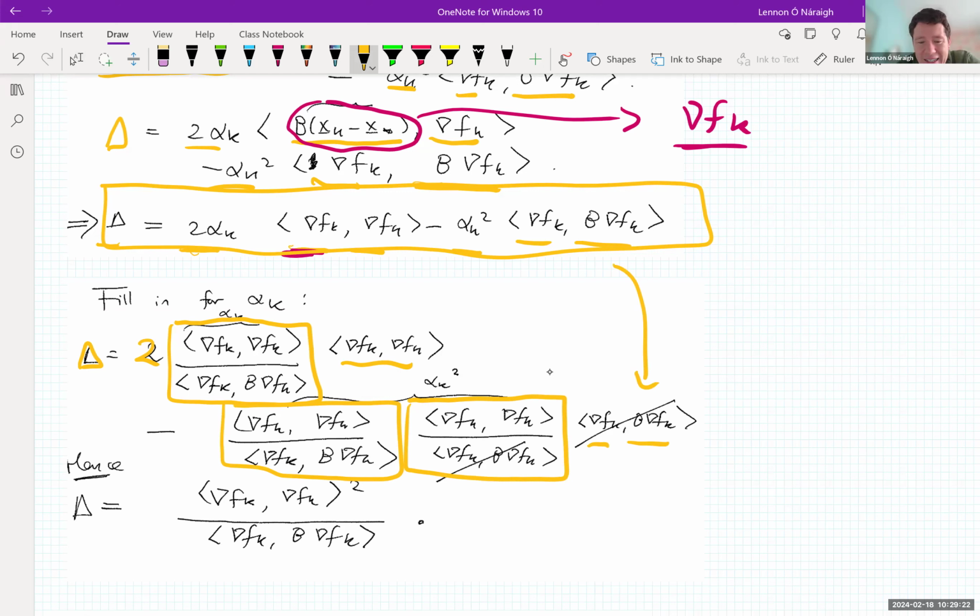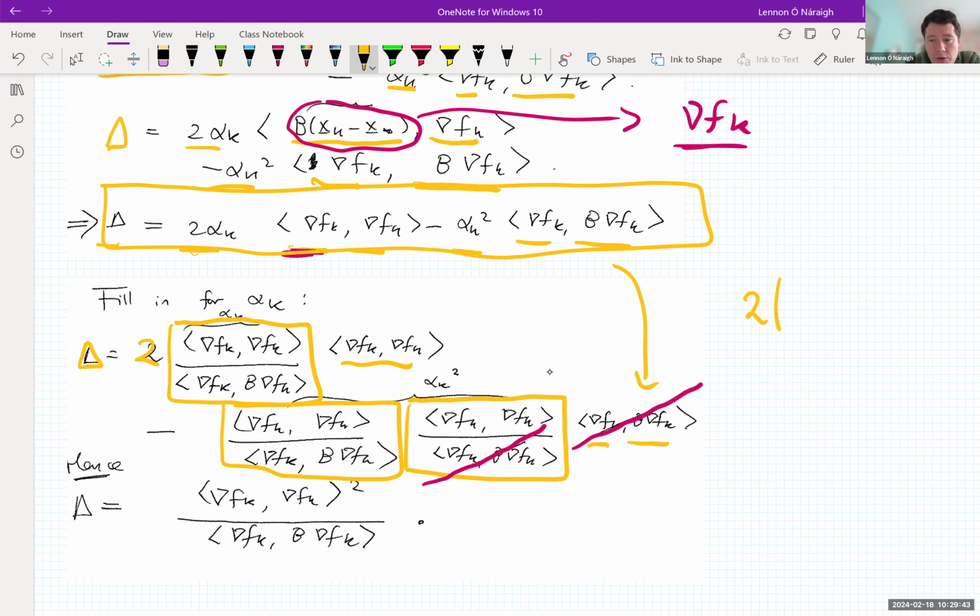But now I get a cancellation because downstairs I have grad f scalar product with B grad f, and upstairs I have grad f scalar product with B grad f. So it's the same term that appears twice.